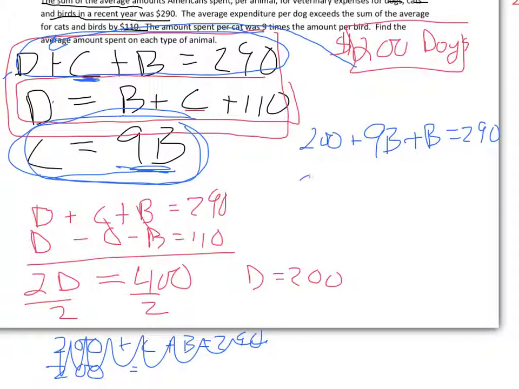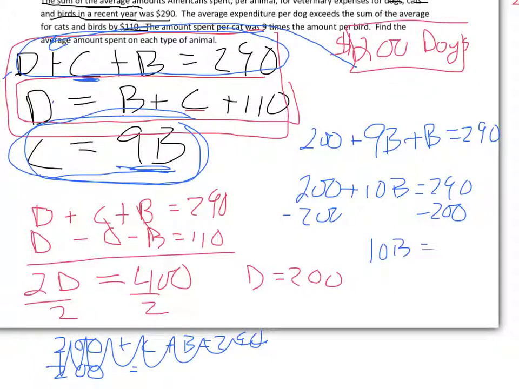So 200 plus 10B equals 290. Subtract our 200, and we get 10B equals 90. Divide by 10, divide by 10, and B equals 9. So the amount spent on birds is $9.